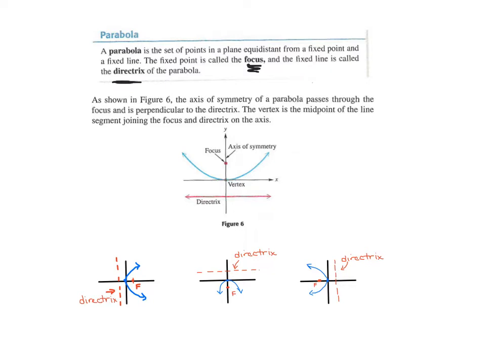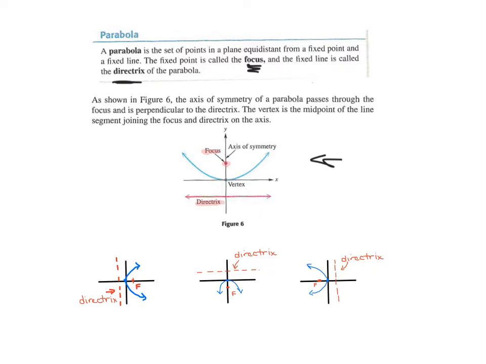So right here is a picture of a graph of a parabola, and this is what we're used to seeing back from chapter 3. Again, what's going to be new to us is this focus point, for which we're going to learn how to come up with the coordinates, and this directrix. And the directrix is going to be an equation of the line.